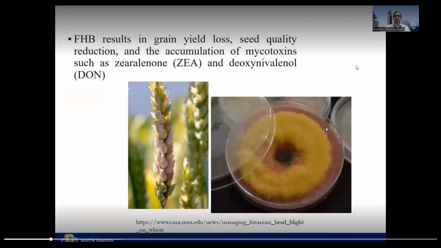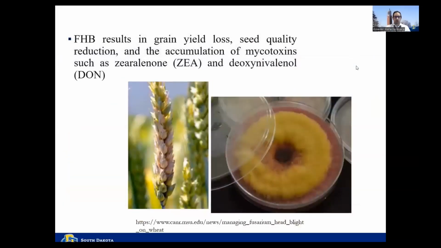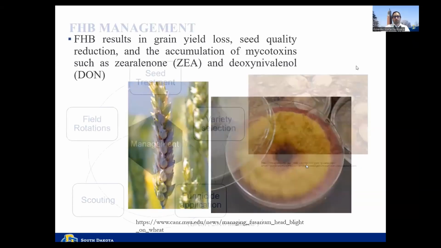Fusarium head blight results in grain yield loss, seed quality reductions, and the accumulation of mycotoxins such as zearalenone and deoxynivalenol. Here are some of the typical symptoms we can see: the head blight and the spicules, and on the right, an in vitro Petri plate showing the normal colors and shape of the fungus.